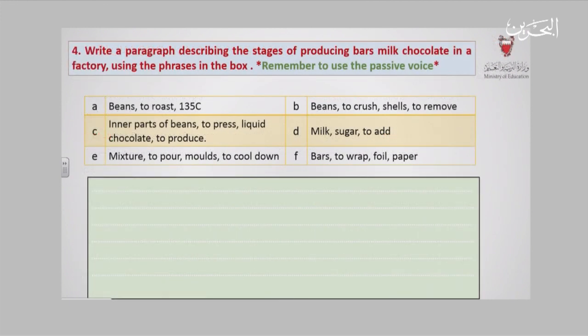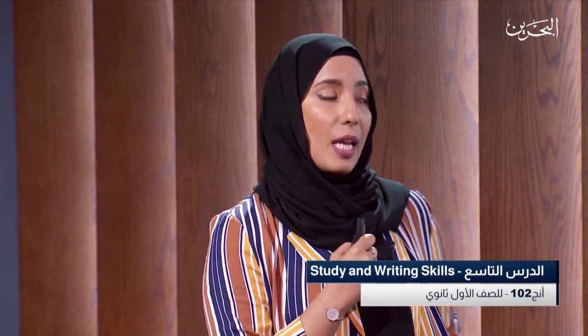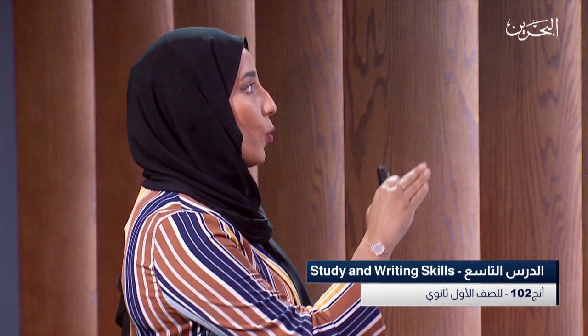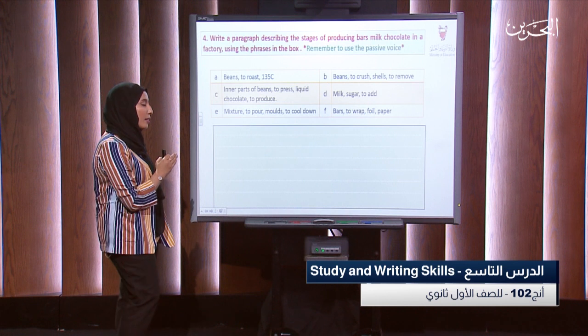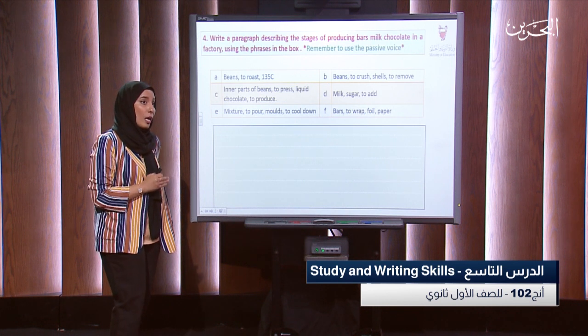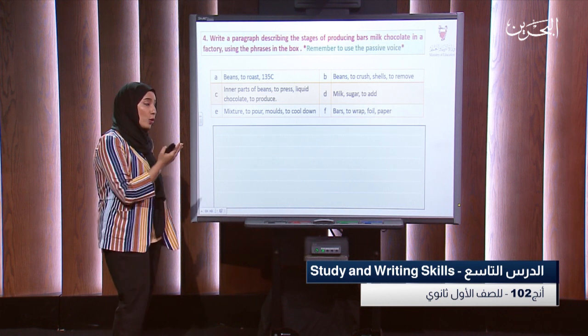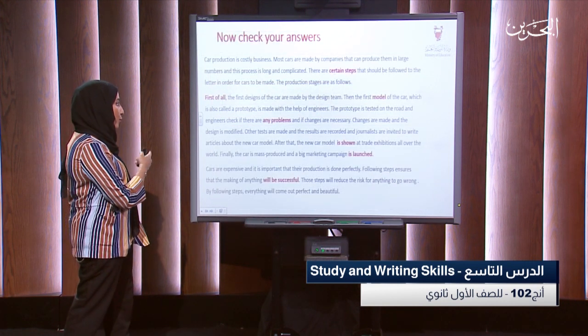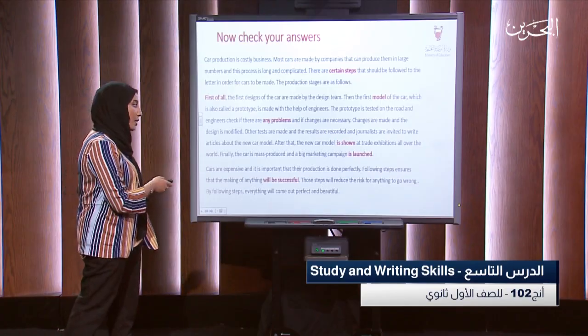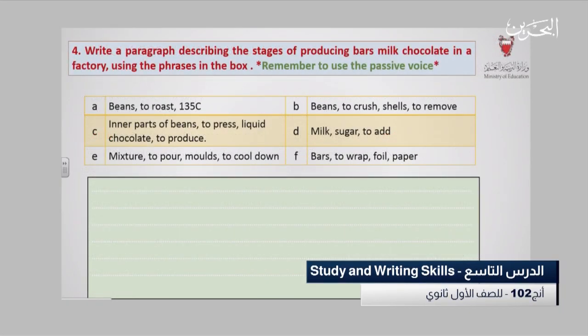Now, in a similar way, I want you to reorder these phrases and write a paragraph using the chronological order which was just presented here: first of all, next, finally, after that, and remember to use the passive voice.